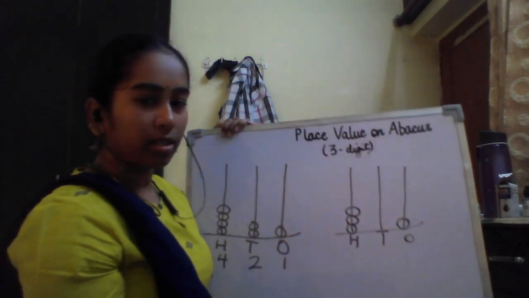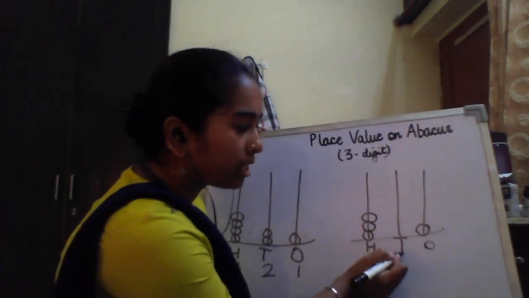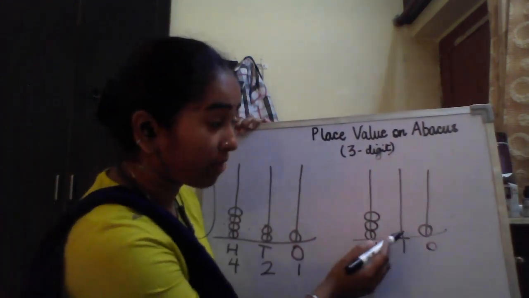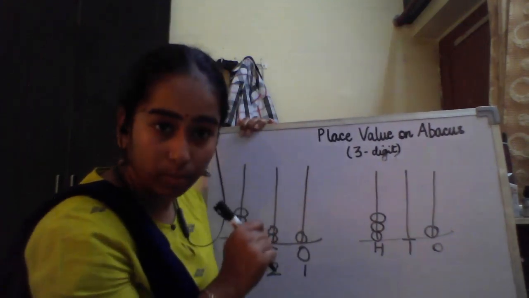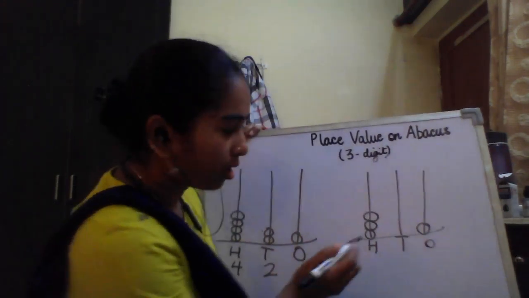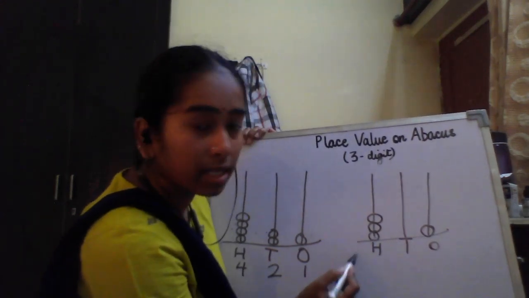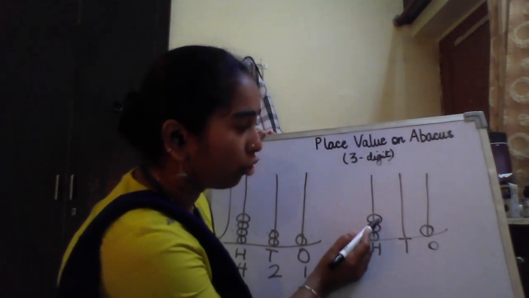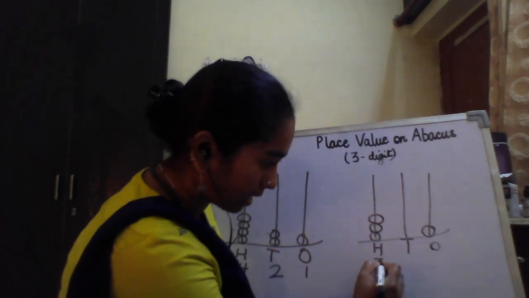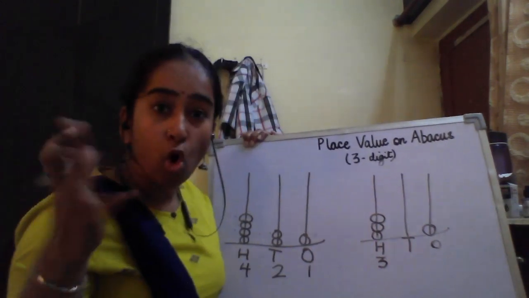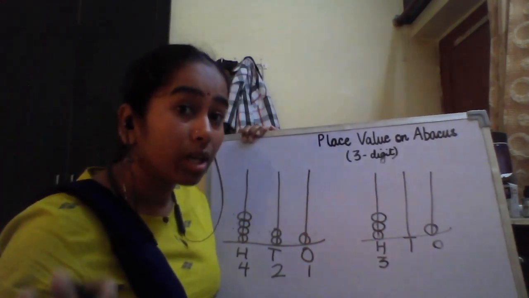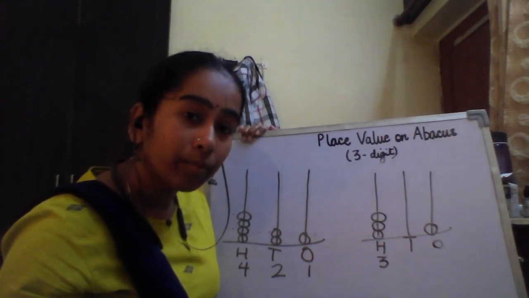What happened here is we don't have any beads in the tens place. So what will we write under the hundreds place? 1, 2, 3. Yes, so 3. There is no bead in the tens place, so what are we going to write? 0.